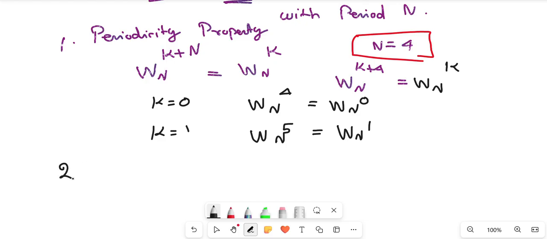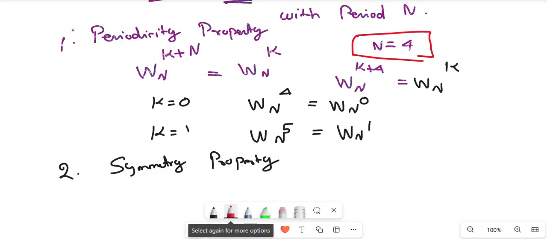The symmetry property also plays a vital role. The two properties are the periodicity property and the symmetry property.